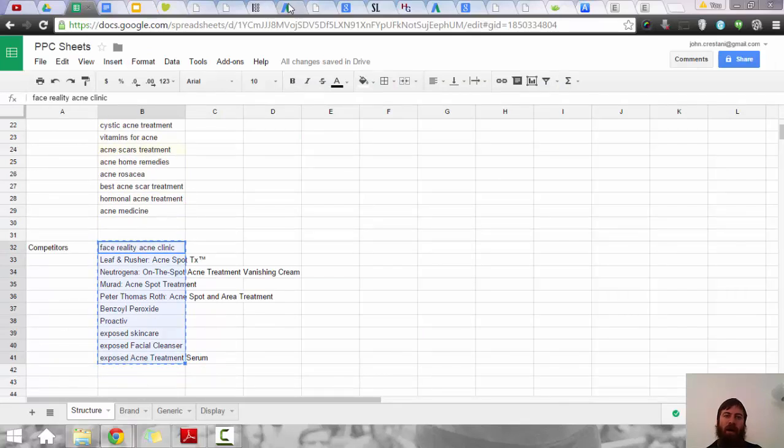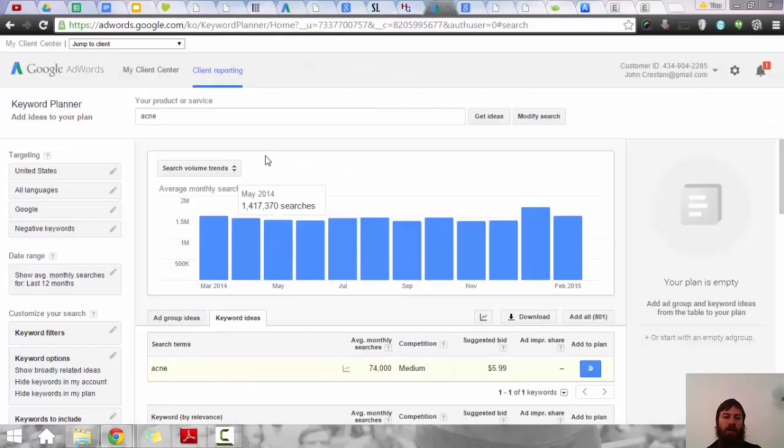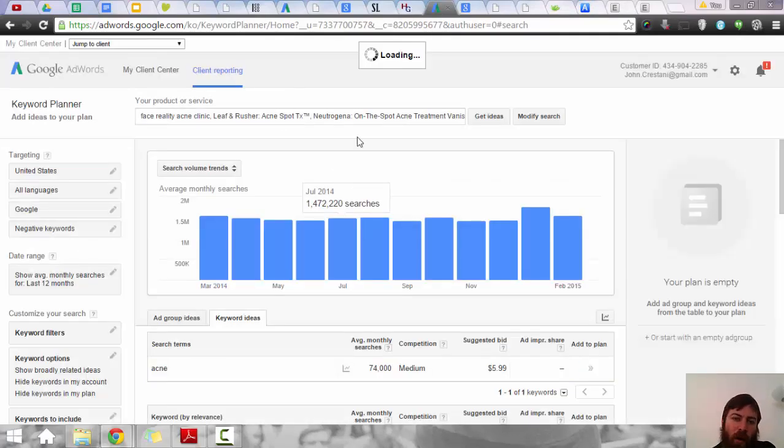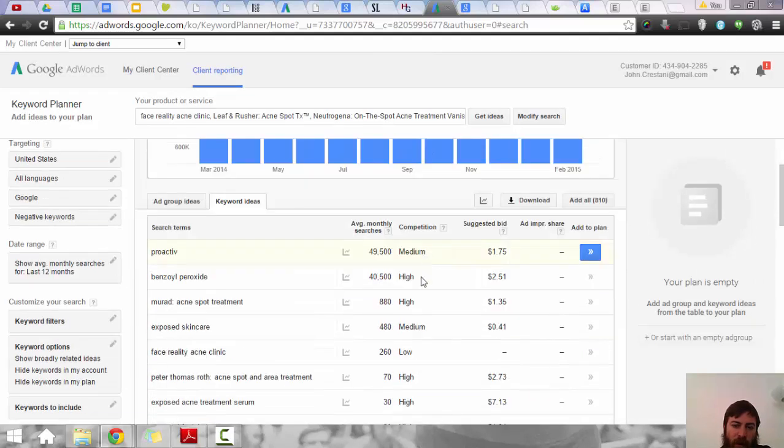So let's see if we can find any big search terms with this. I'm just copying all of these things into here, and let's see if we come up with anything. So we'll see Proactive, massive search volume. Benzoyl peroxide, massive search volume.